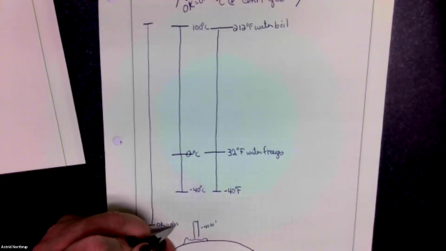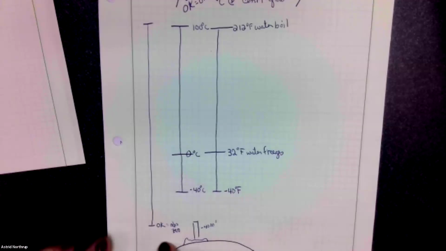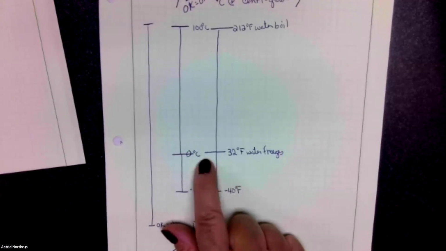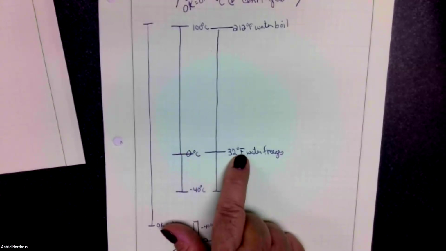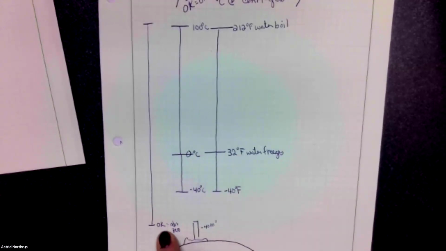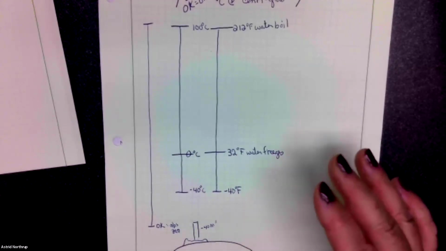The other thing I want to point out is that if you use Celsius or Fahrenheit, you need to use the degree symbol. If you use Kelvin, there is no degree symbol. It's just 0 K, which means 0 degrees Kelvin.